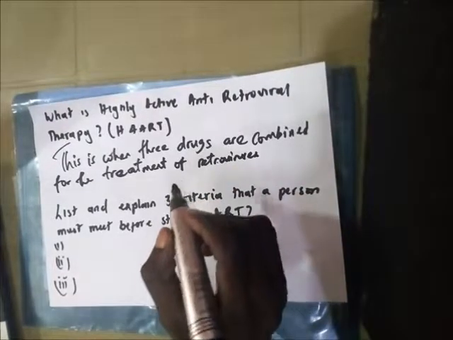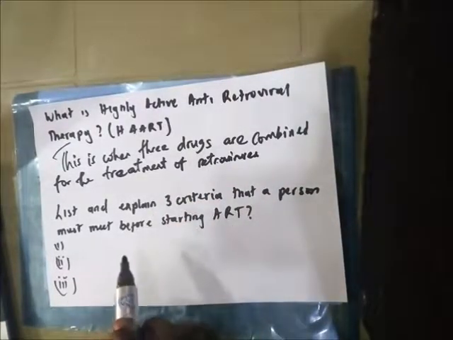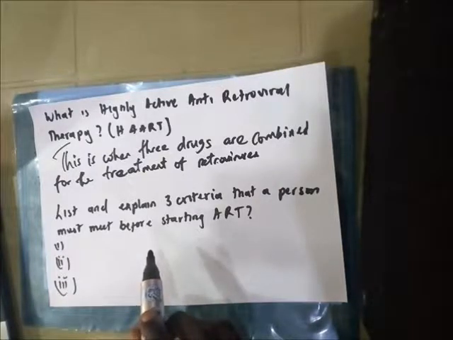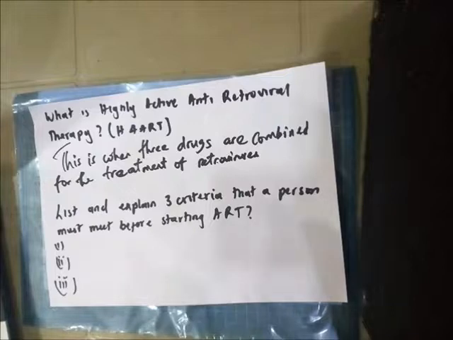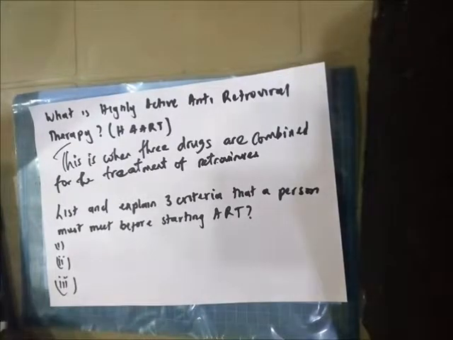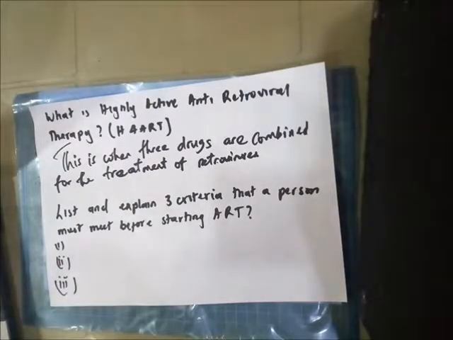All right. So the next question is, list and explain three criteria that the person must meet before starting ART, that's antiretroviral therapy. Number one, willingness and readiness of the patient to begin therapy.